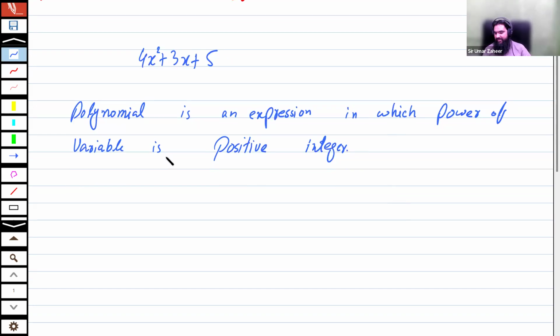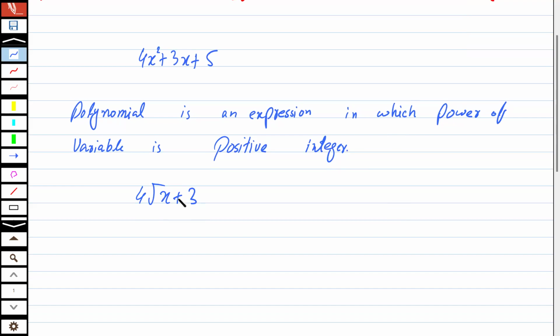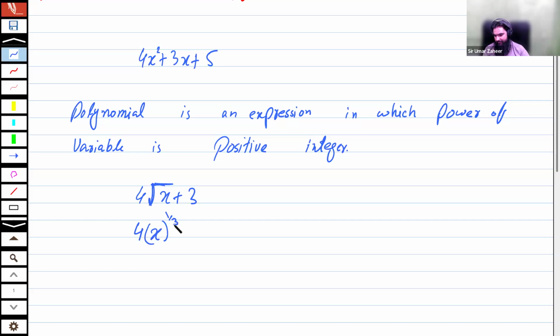For example, if I write an expression, 4 square root of x plus 3, is it a polynomial? I think it is not a polynomial. No, it is not a polynomial, because if you write it into the index form, you will get x raised to power 1 by 2.